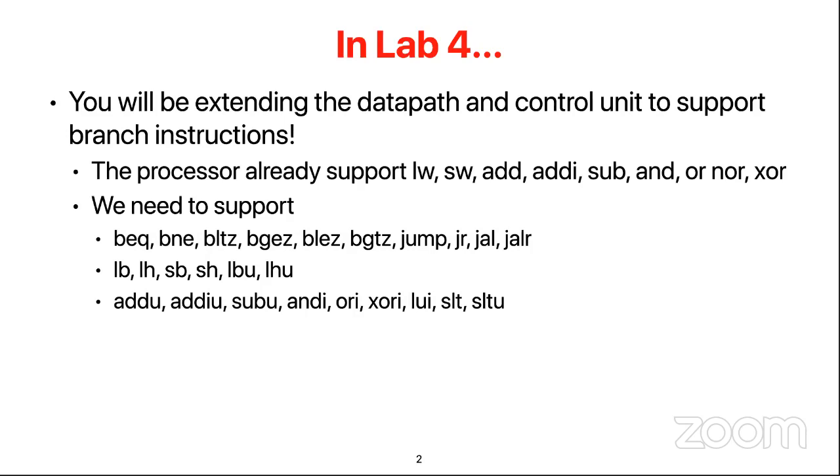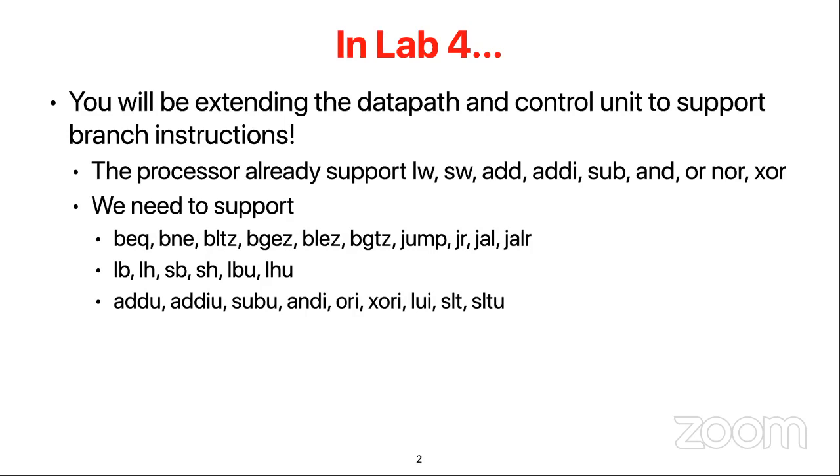In Lab 4, we just want to lay out a foundation for you to pipeline the processor. So Lab 4 is actually a single cycle processor that should be working for most of the instructions that we are going to have in a benchmark.